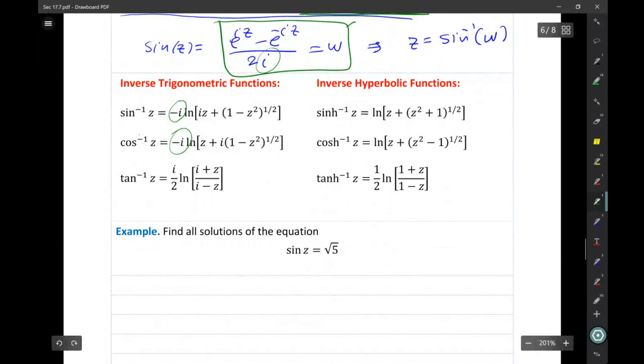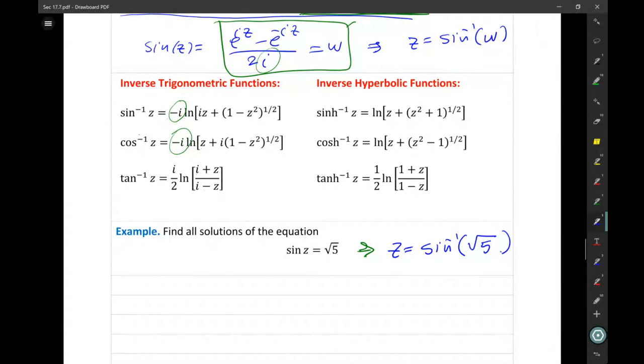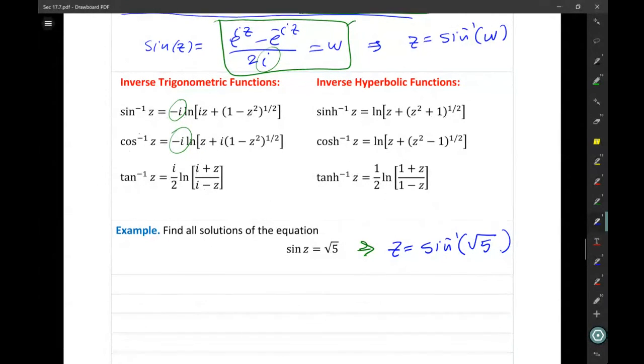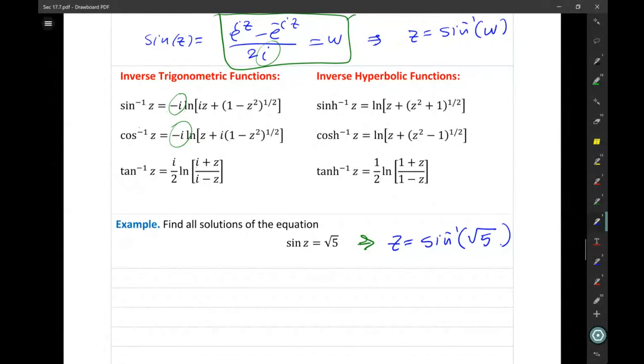طيب خلينا نشوف الآن some equations. He said solve the following equations. Sine z is equal square root of 5. That means z is equal sine inverse the square root of 5. الآن use this identity for sine inverse z.